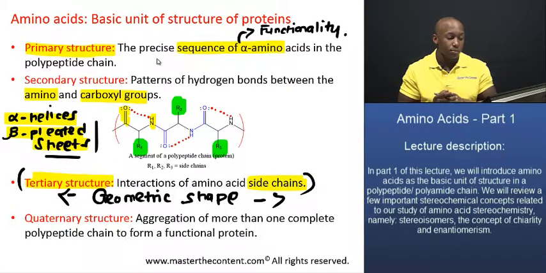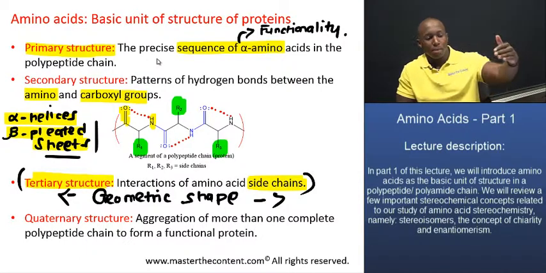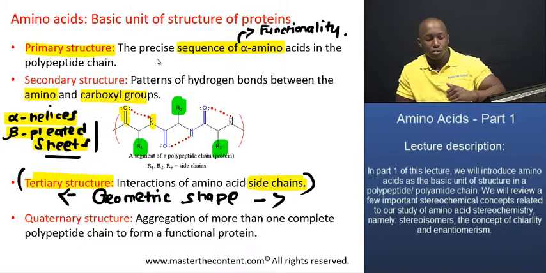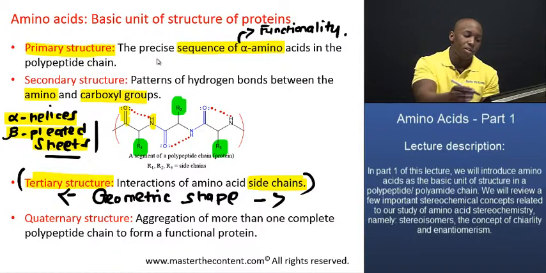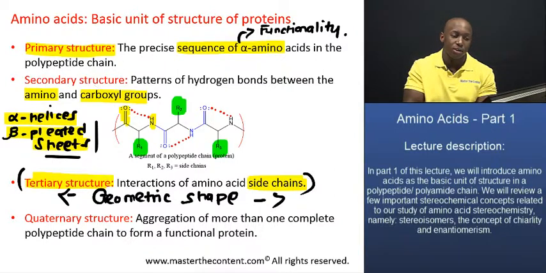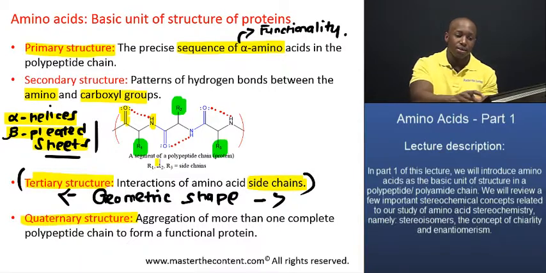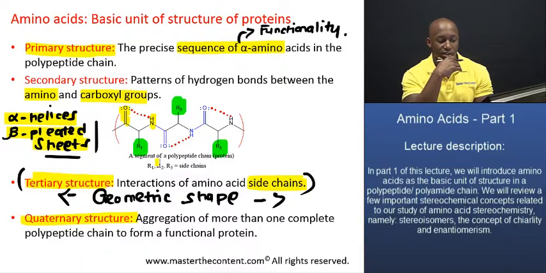What I want to mention is that at any one of these levels of structural organization, you might have a completely functional protein. Not every single protein has to achieve the quaternary level of organization or structure to be a functional protein. You can have functional proteins at these different levels of organization.